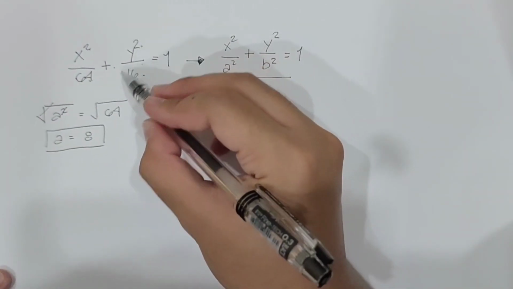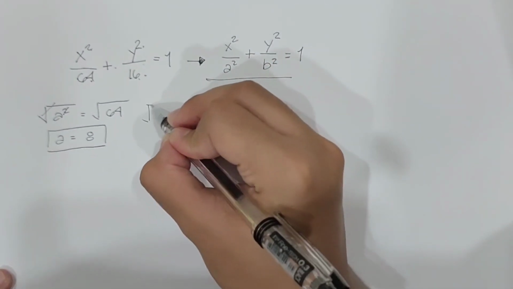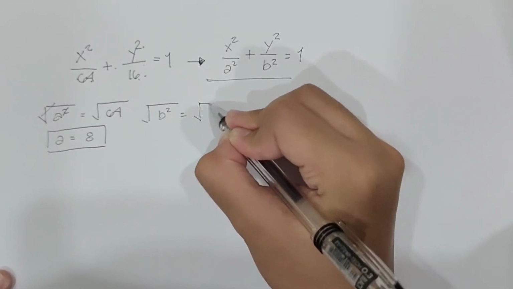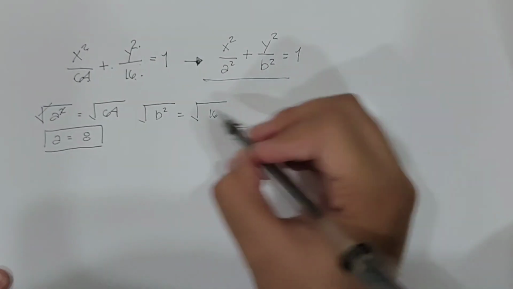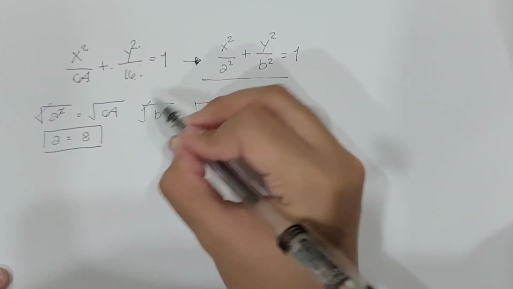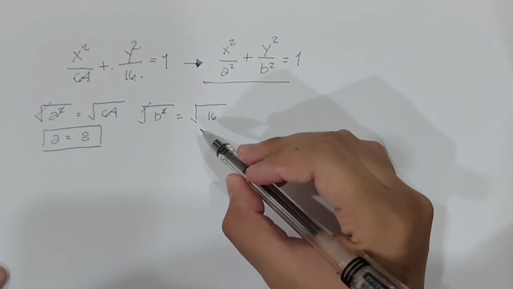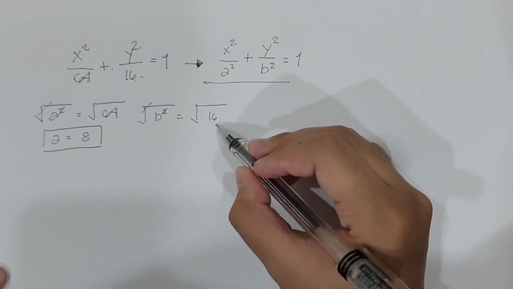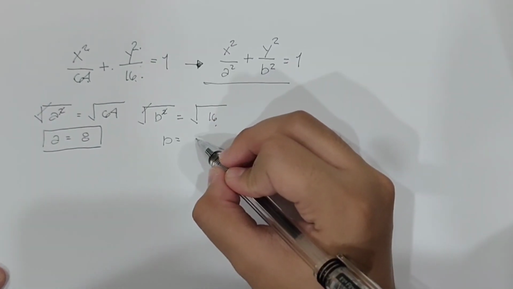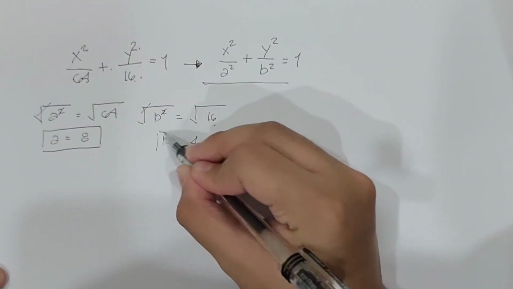Next, the square root of b squared equals the square root of 16. Same as a squared, cancel the square and the square root. What is the square root of 16? We're going to get b equals 4.